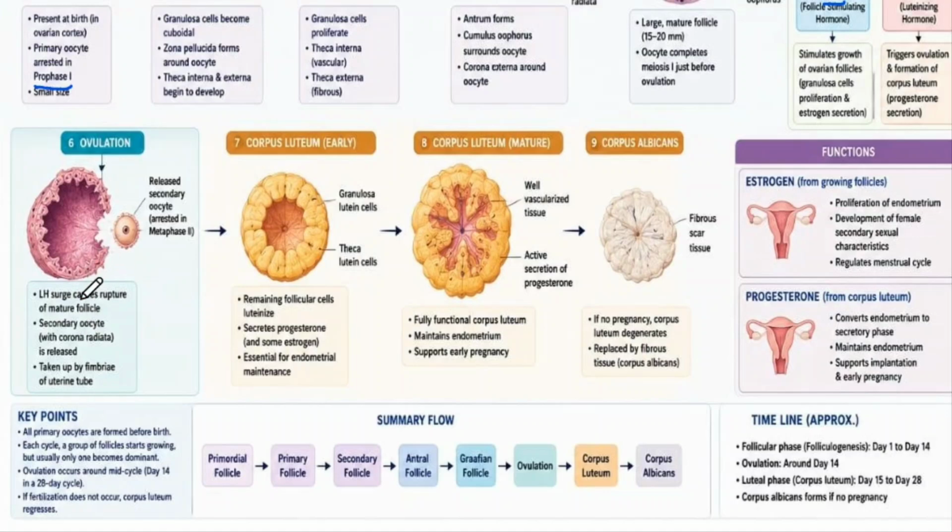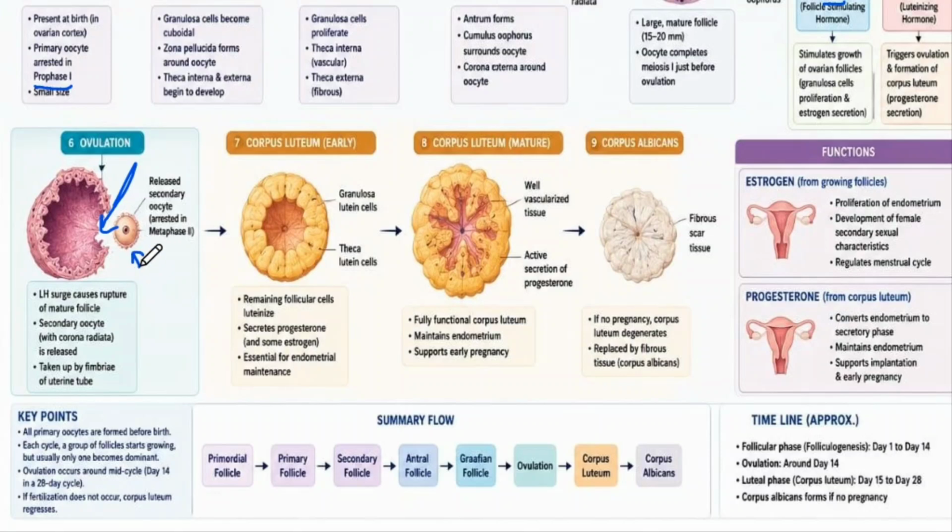During ovulation, the mature Graafian follicle ruptures, releasing the secondary oocyte.